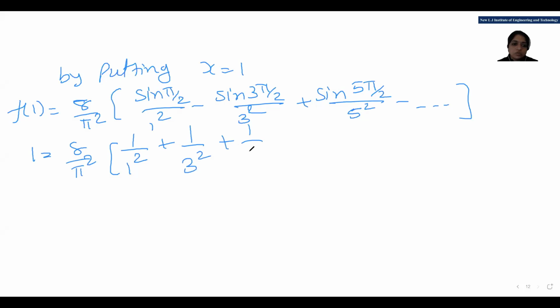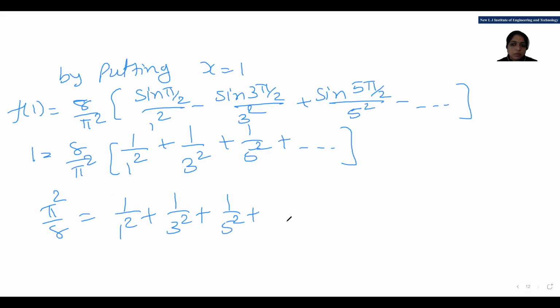This is again 1, so 1 upon 5 square plus, and so on. So our final answer for the deduction is pi square by 8 equals 1 upon 1 square plus 1 upon 3 square plus 1 upon 5 square plus, and so on. So this is the formula which we wanted to deduce.